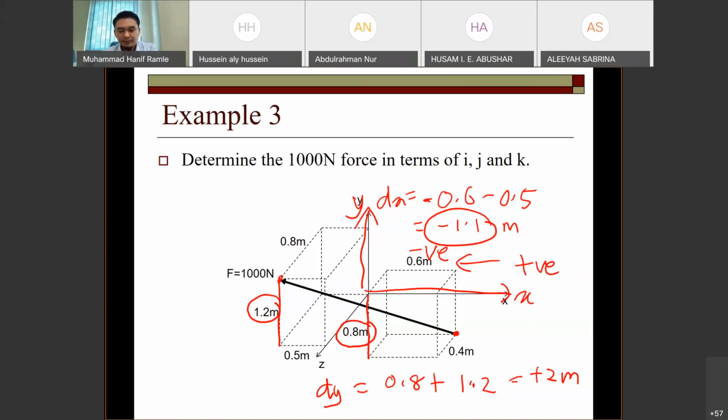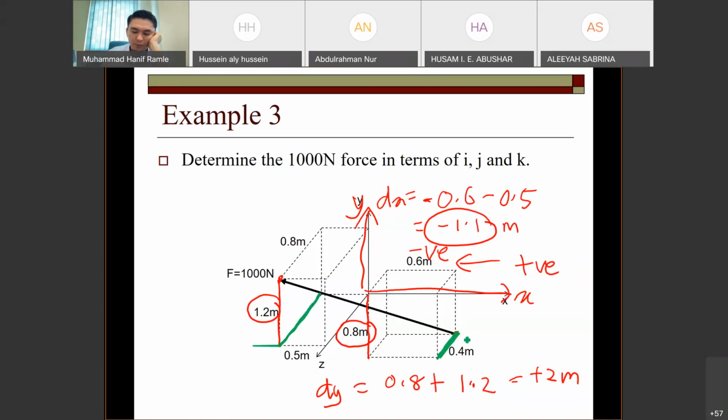How about dz? 1.2. Okay, correct. Positive or negative? Positive. 0.8 plus 0.4. Positive. Yeah, correct. Sorry, this is the z one, and this is an additional z.